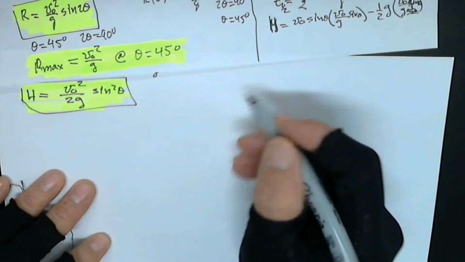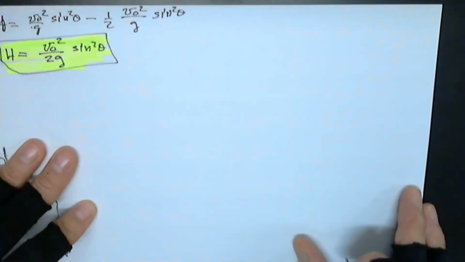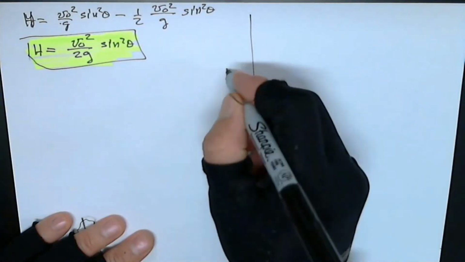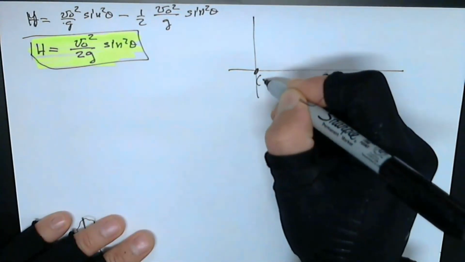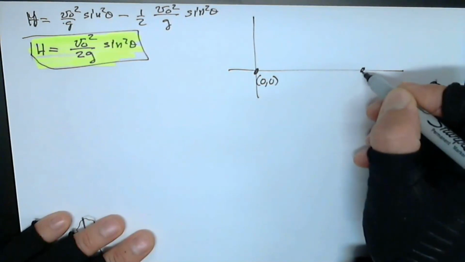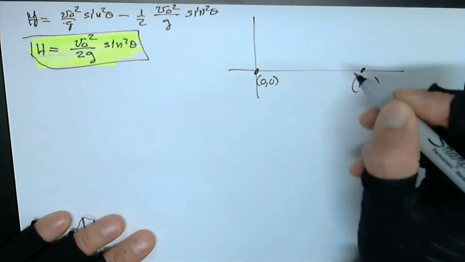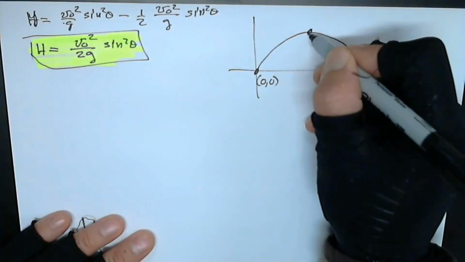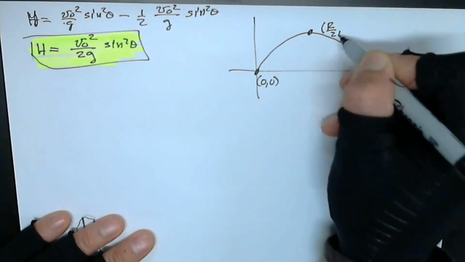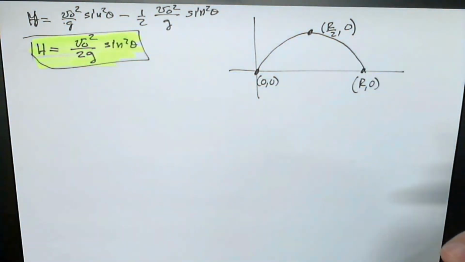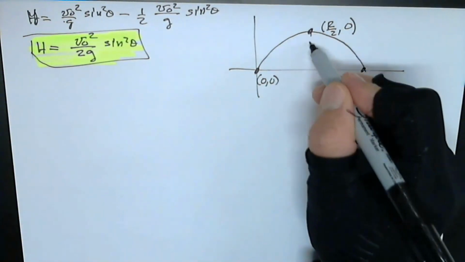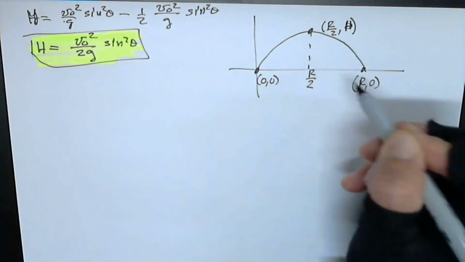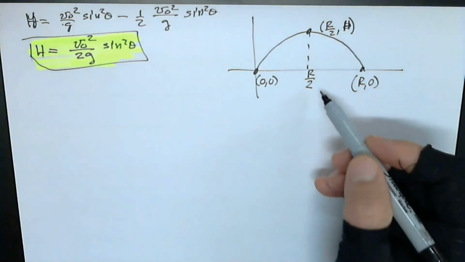All right, let me recap it over here. So this is 0, 0. This is r, 0. It's the quadratic function, and this is r over 2, 0. So let's verify that that is indeed half the range. How do we know that?